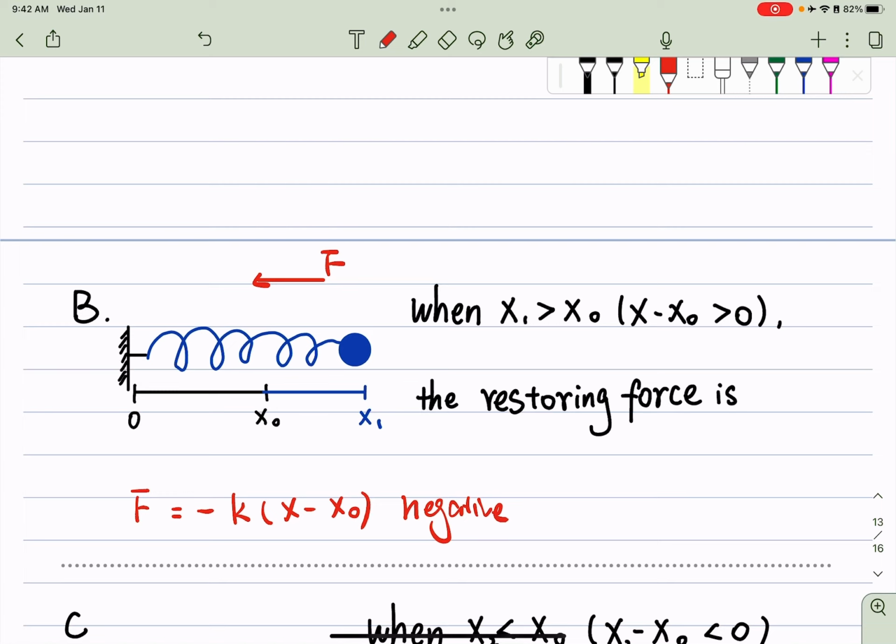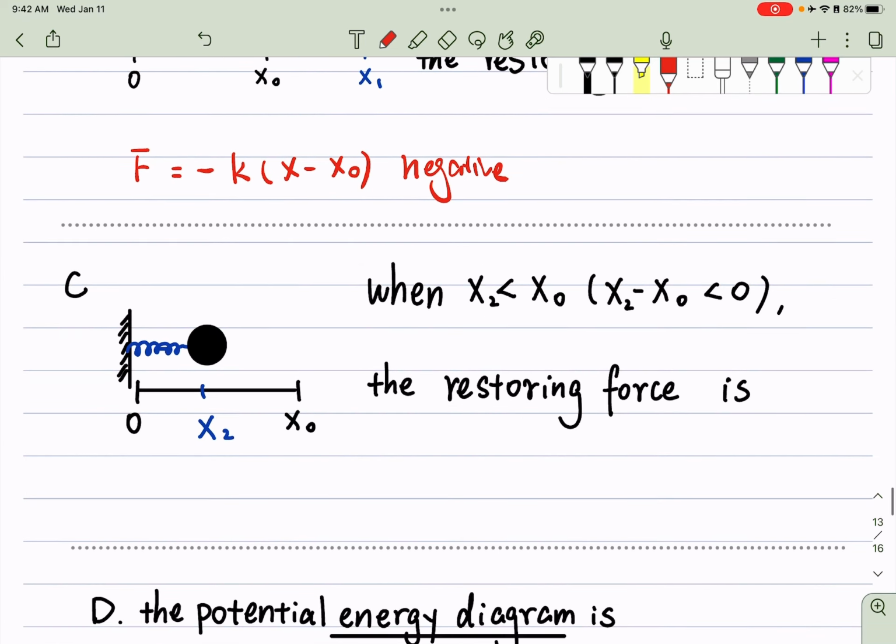Alternatively, you can imagine a different scenario where you're compressing the spring by moving the ball to the left-hand side to a different position, say x2. And x2 is a smaller number compared to x0, or x2 minus x0 is a negative number. Because the spring is being compressed, it has potential energy and wants to go back to its original position.